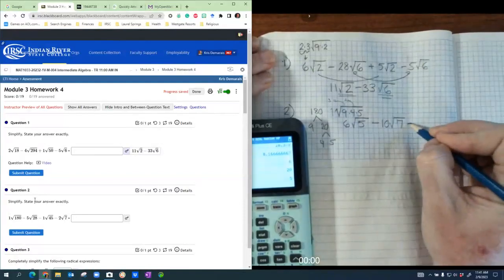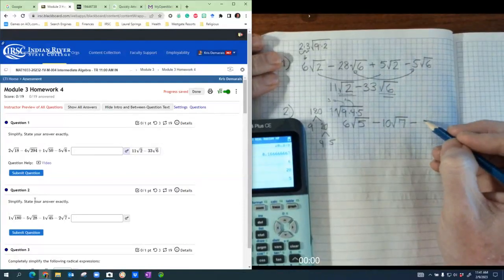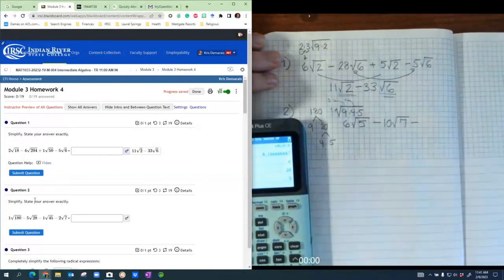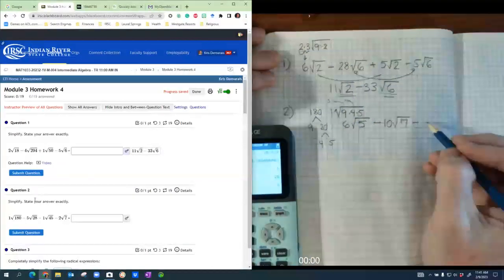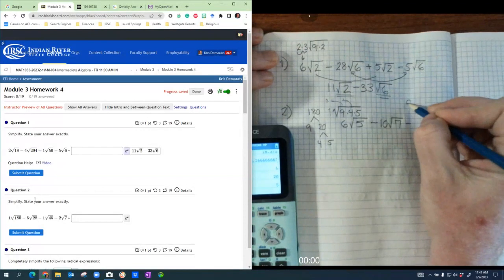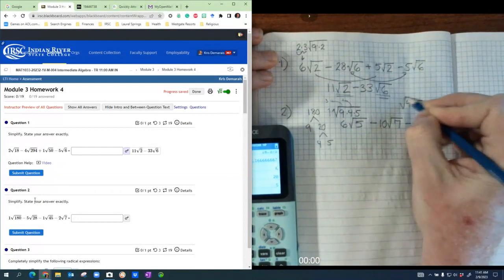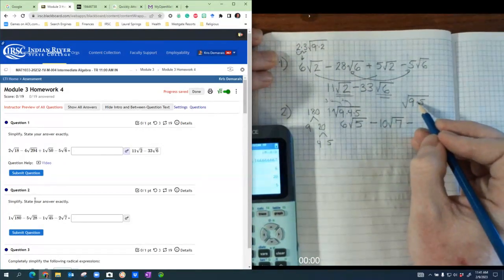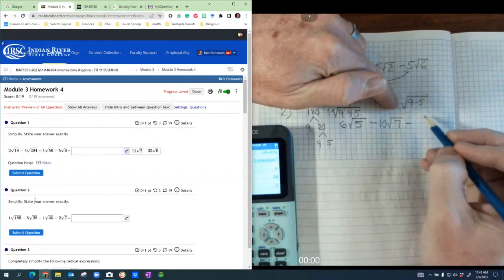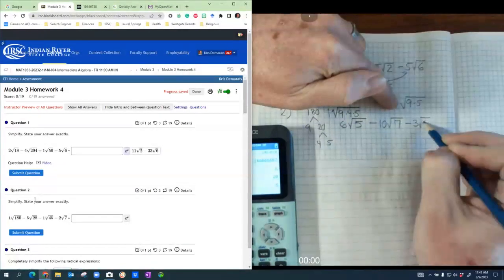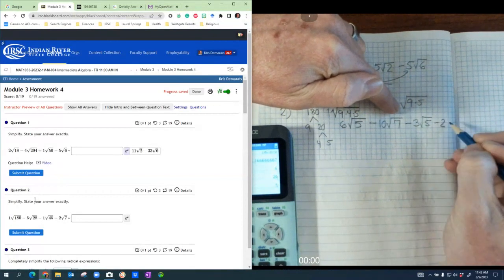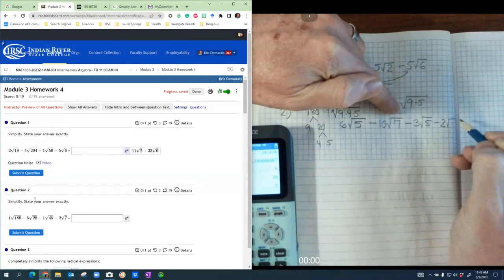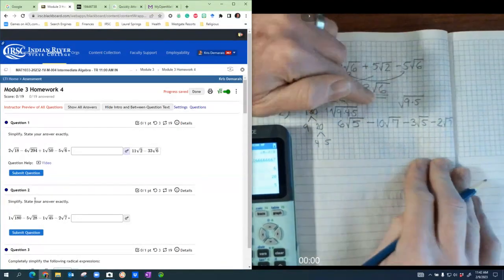And I know that you can re-watch this, so it's nice that you have that ability. If I'm going too fast, you can slow it down. So 45 is 9 times 5. All right, that's what 45 is. So I'm going to take out 3, leave the 5 in, and then I'm going to look at negative 2 times radical 7.